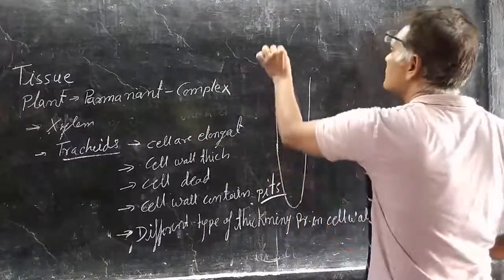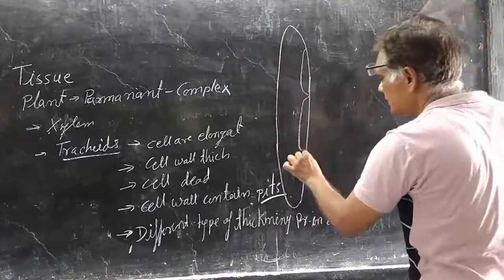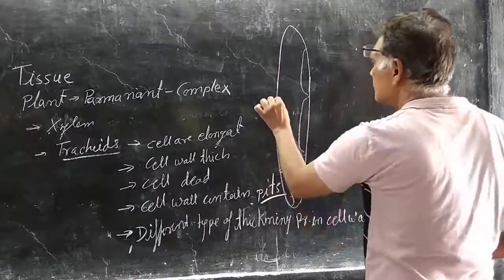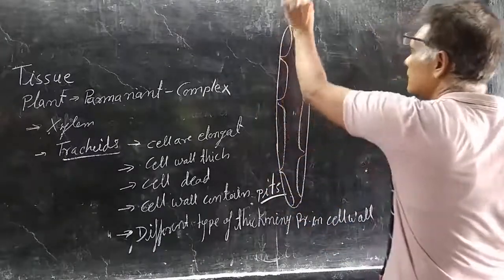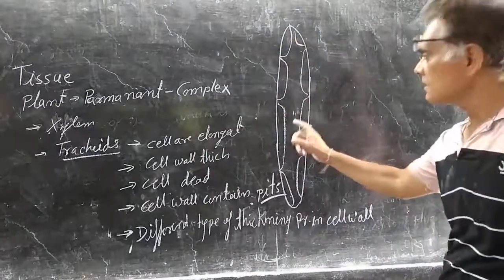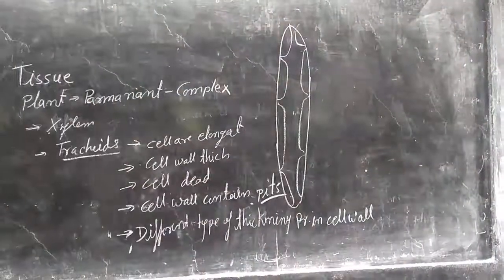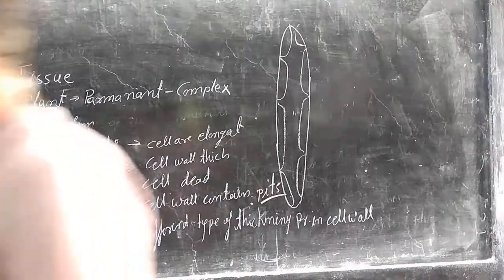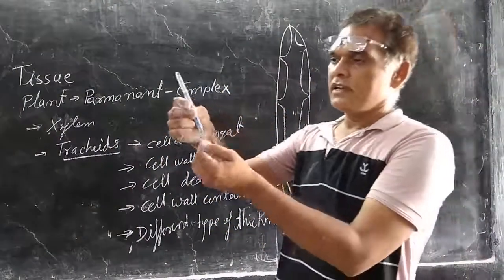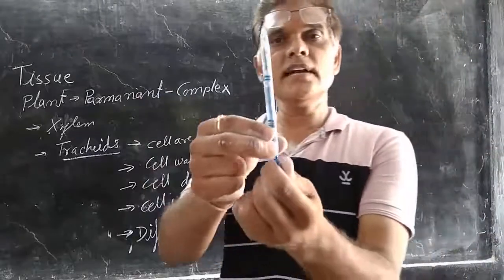These are the end walls and the cell wall is highly thick. Inside the cell wall, for example, this is the pane.